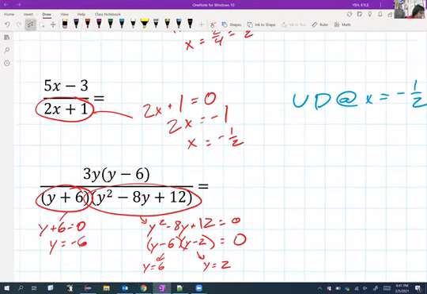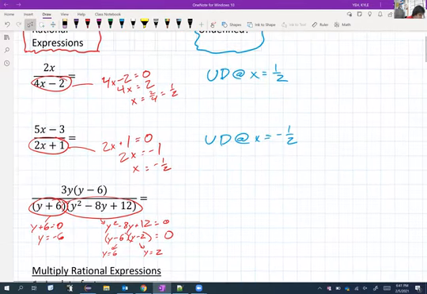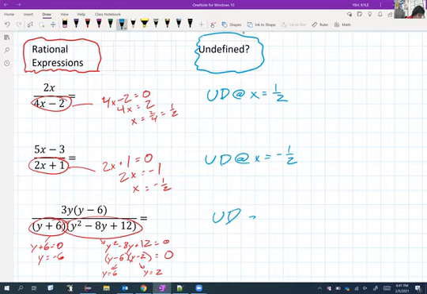So this rational expression is undefined at y equals -6, 2, or 6. There were 3 values where this one was undefined: any value that makes the denominator 0. You're going to commonly have to factor in this, and set different factors in the denominator equal to 0. But this is where we stand: undefined values, what would make the denominator equal 0?